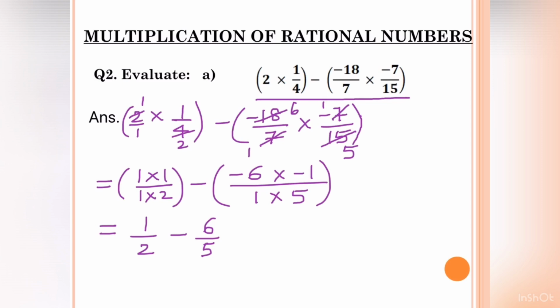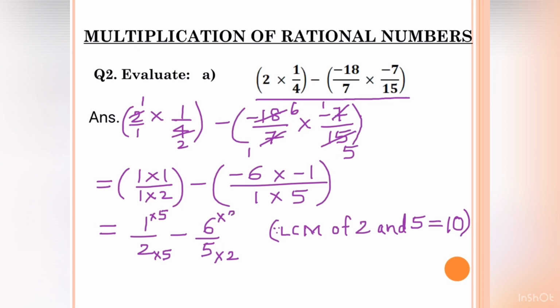Here the denominators are not the same. So we will find the LCM of 2 and 5. Since LCM of 2 and 5 is equal to 10, so we will multiply the denominator 2 with 5 and the same 5 we will multiply with the numerator, and the denominator 5 we will multiply with 2 and the same 2 we will multiply with the numerator.